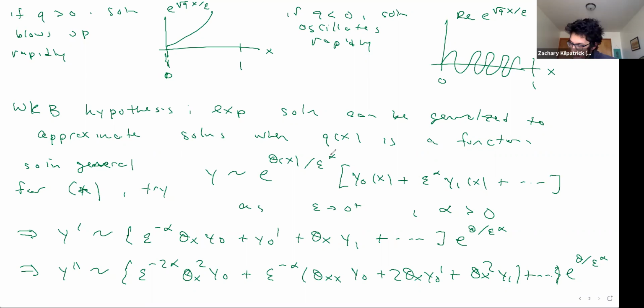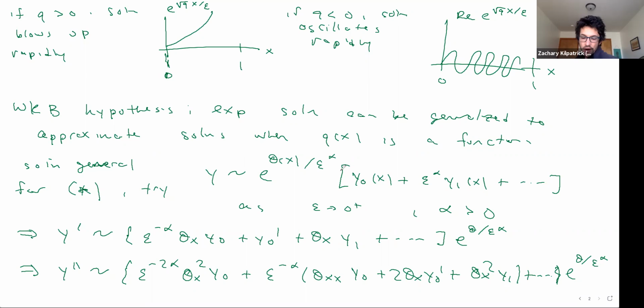So once we make this assumption, we can take our derivatives, and for your particular function q of x, you're going to select alpha so that it appropriately matches up terms in your asymptotic expansion so that your zeroth order equation has as many leading order terms as possible.